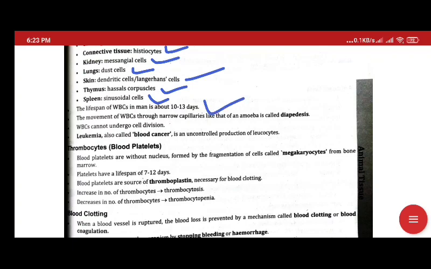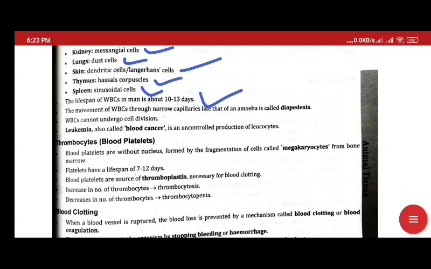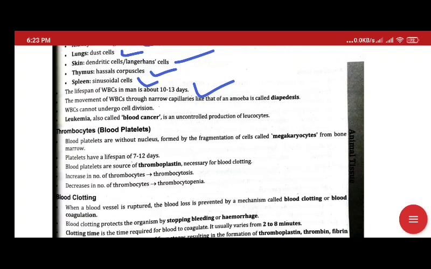Its lifespan is 14 days, or 2 weeks. Now it crosses what? Crosses the cells or capillaries.